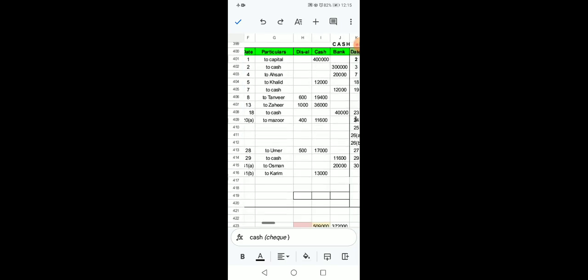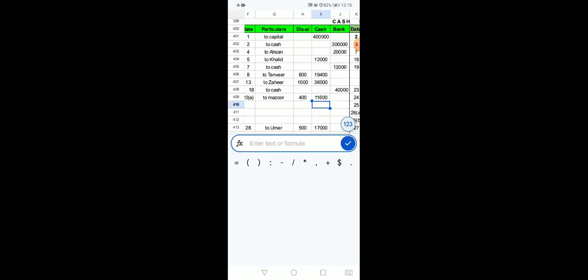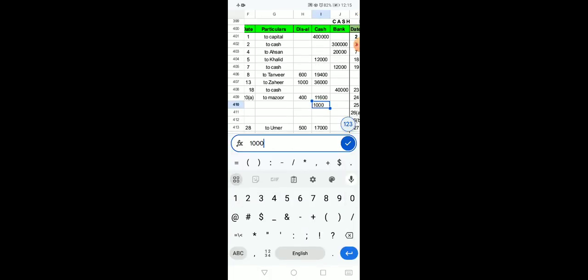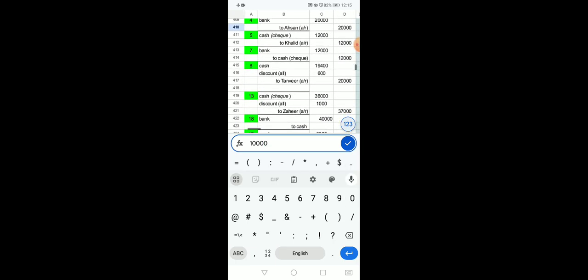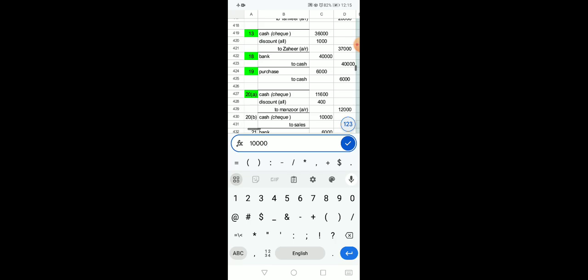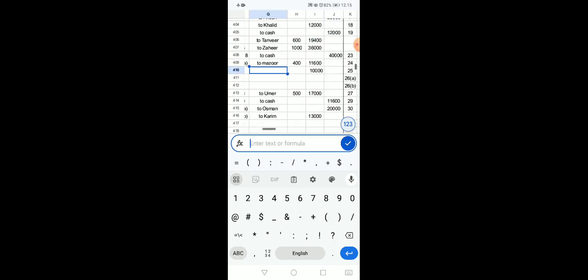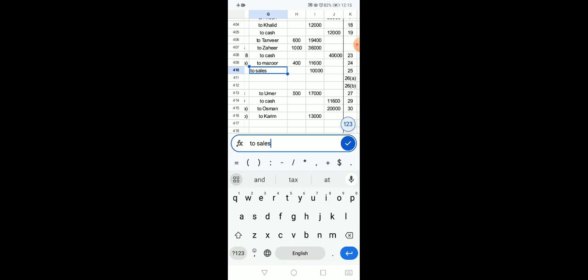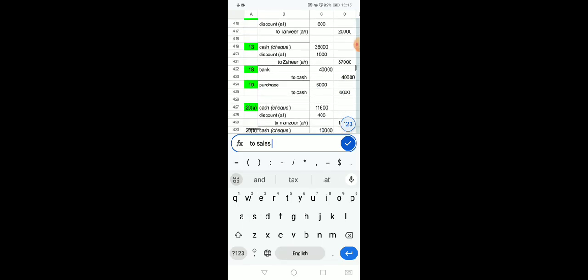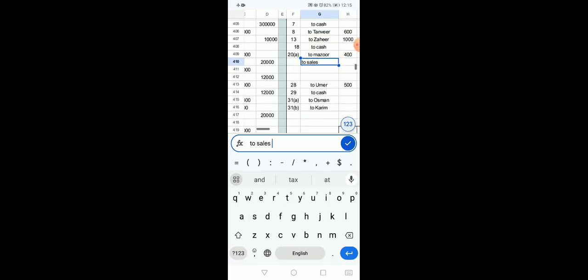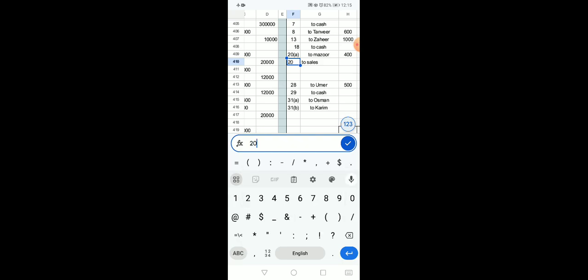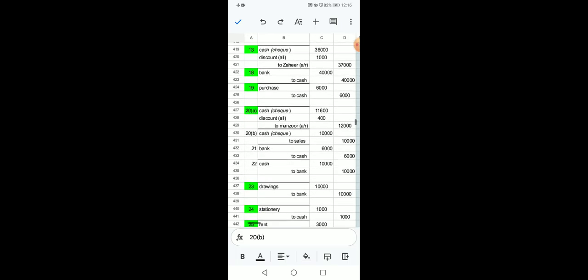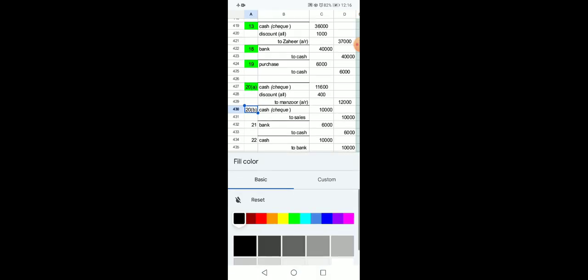So you will go to the debit side and write 10,000 in the debit column of the cash book. Now you will see its reference is sales, so you will mention sales in the particular column. Now see its date, which is 20B, so you will write here 20B entry. Since the 20B entry had only one element, it has been completed, so mark it as done.